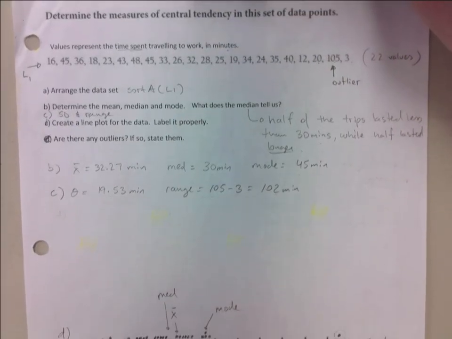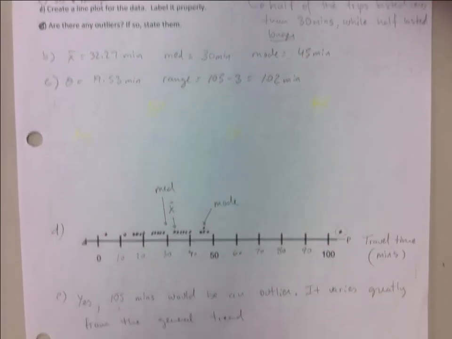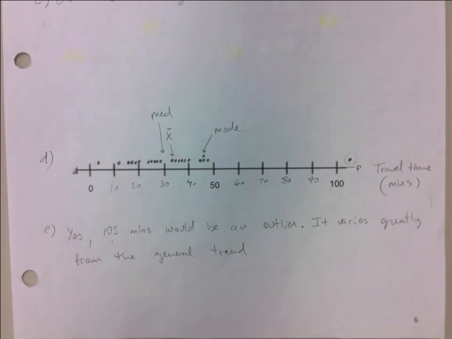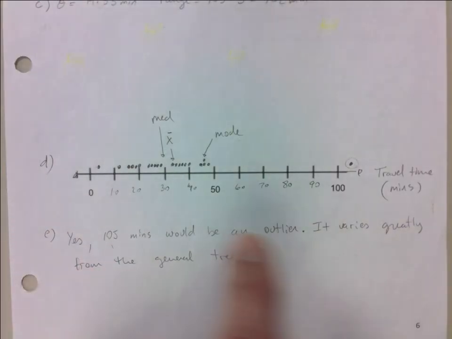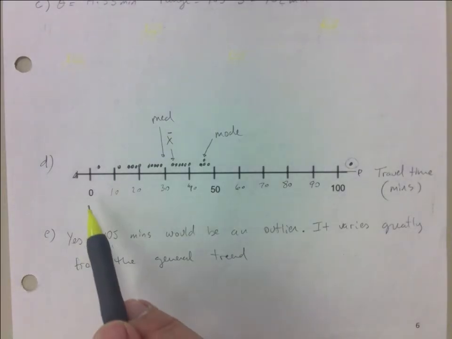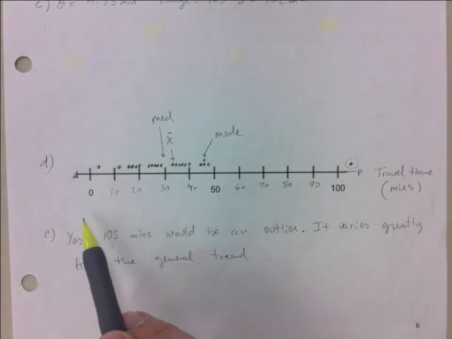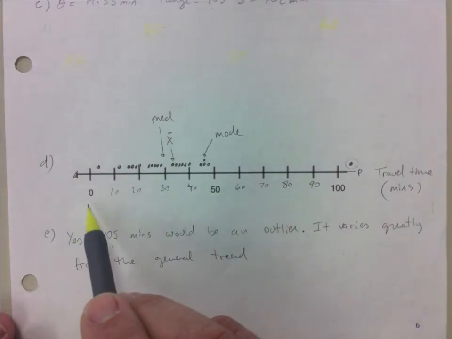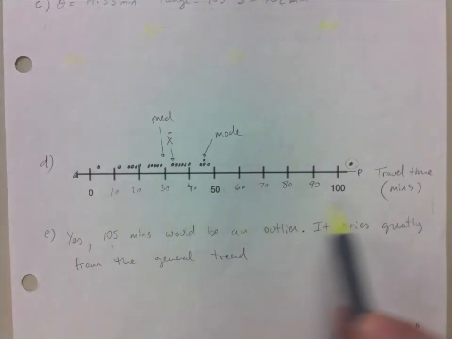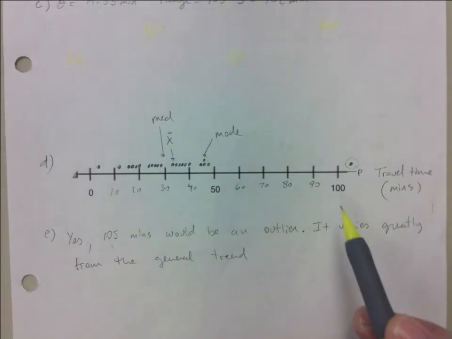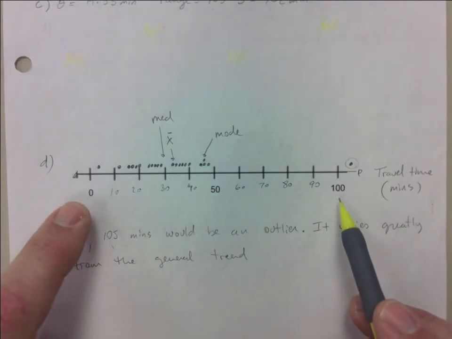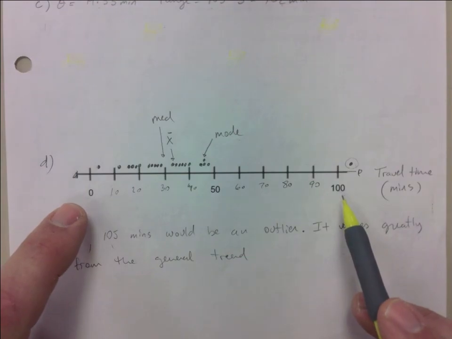To do your line plot, was this on your sheet? Was there a line plot already? I feel like, yeah. Okay. So if I don't give you the numbers, then you have to come up with one. Look at your min and look at your max. If you did the range, you will know what the lowest and what the highest is.